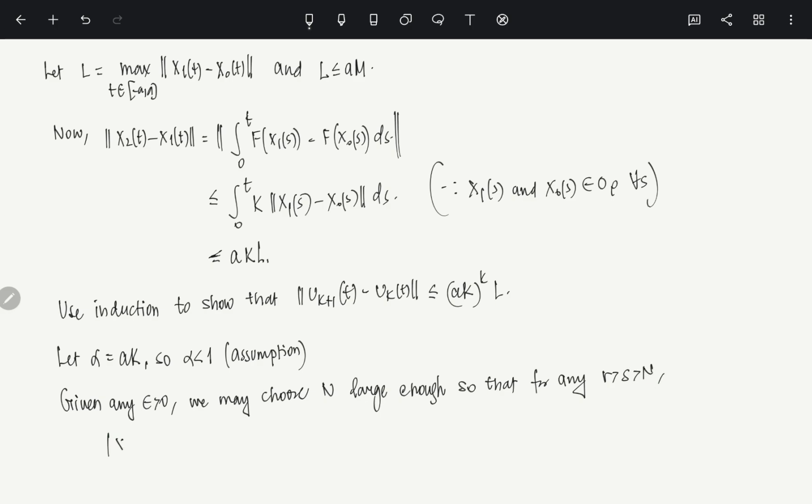We have the norm of x_r of t minus x_s of t is bounded by the summation from k equals n to infinity of the norm of x_{k+1}(t) minus x_k(t), right? This is again dominated by the summation from k equals n to infinity of alpha^k times L, right? Clear?